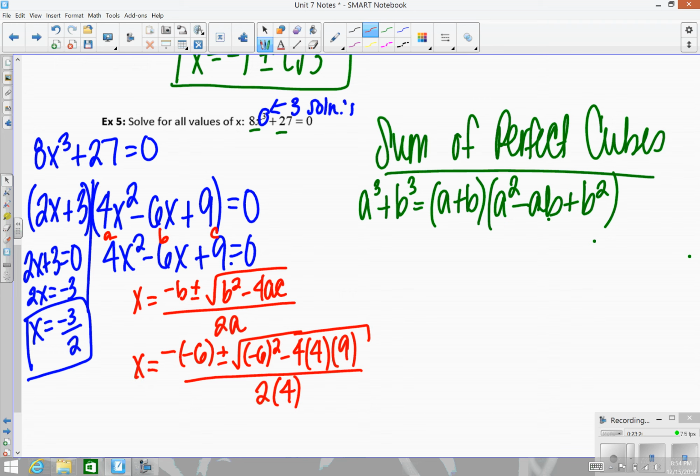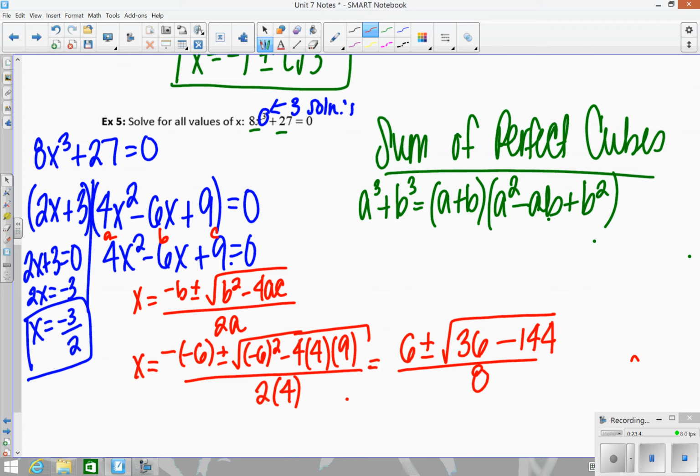So then you're going to simplify, so we get 6 plus or minus the square root of 36 minus 4 times 9, so minus 144, over 8. So we simplify underneath the square root. We get negative 108.